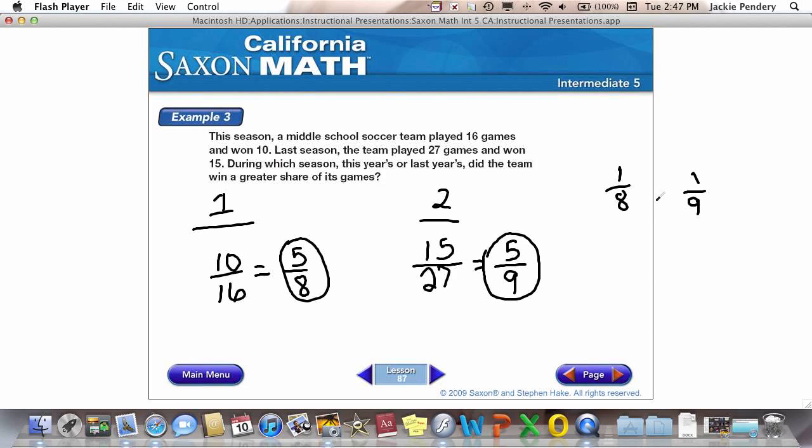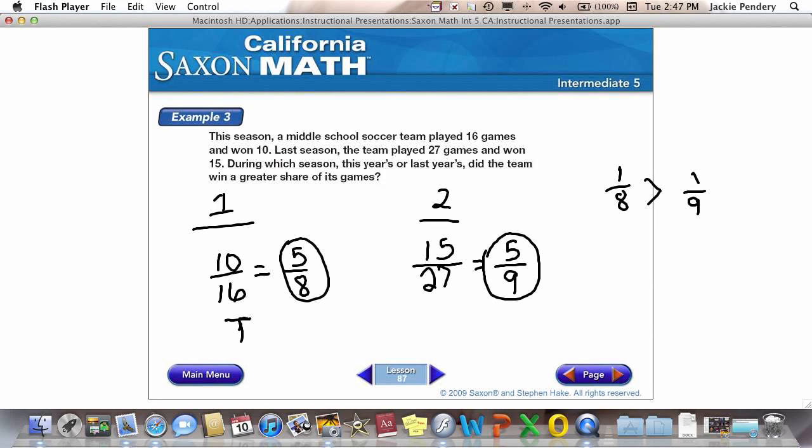Which of these is going to be bigger? Okay, 1/8 is going to be greater. So if I have 5/8 or I have 5/9, since eighths are inherently bigger, 5/8 will be bigger than 5/9. So in which season did the team win a greater share?